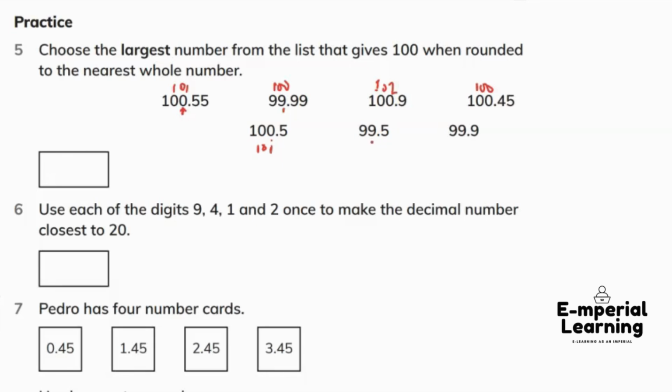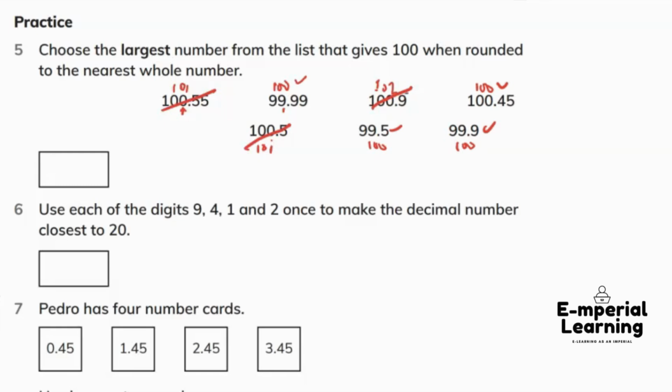99.5 to the nearest whole number would give us a 100. 99.9 to the nearest whole number also gives us a 100. So the ones that gave us 100 are what we are considering. So this is out. We are not considering this because it gave us 101 when rounded. We are not considering this because it also gave us 101. So now we have 100 here, 100 here, 100 here, 100 here.